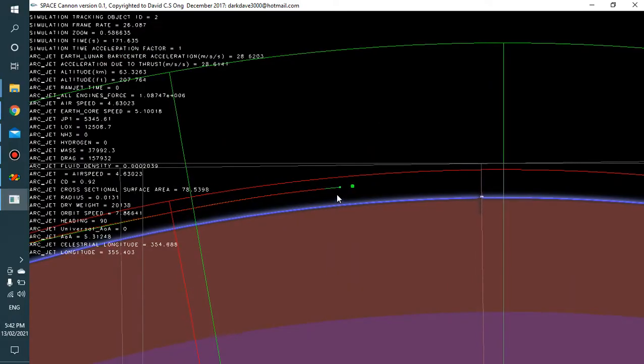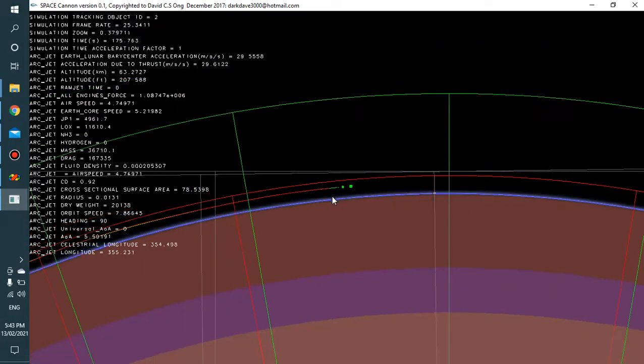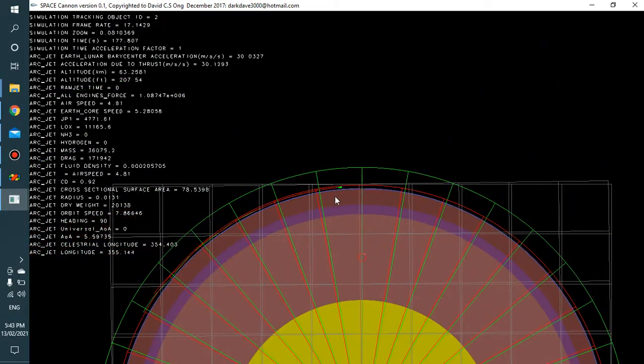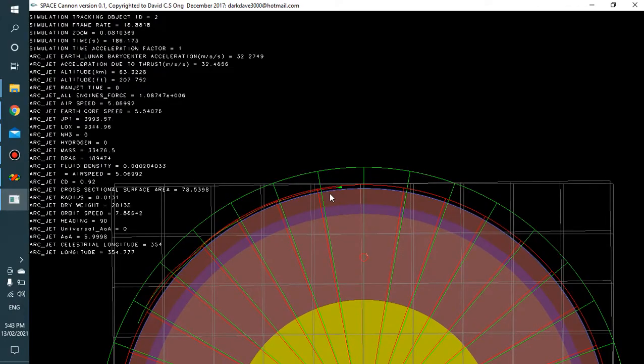We're focusing on delta V, not on aerodynamics yet. We'll combine the aerodynamic properties into the software once I input those C of D numbers.